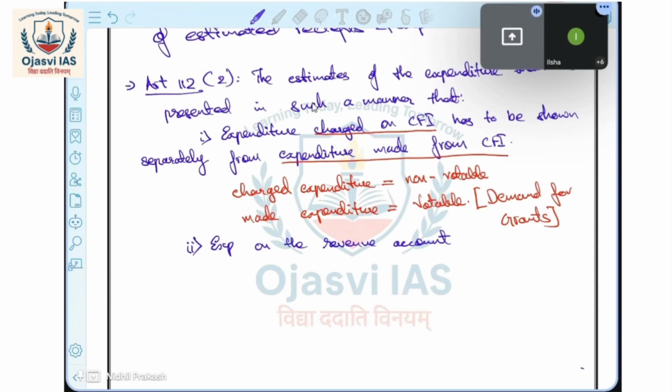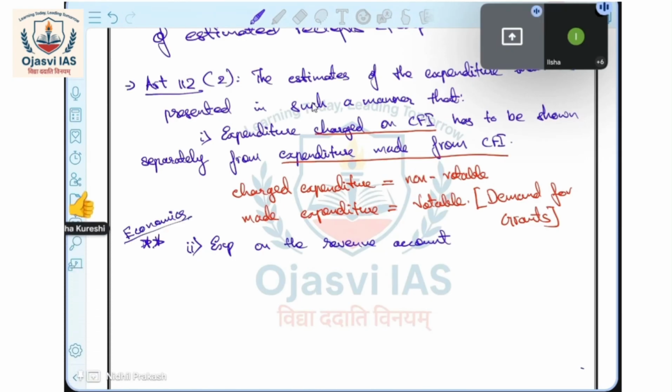If it is not taught to you, do not ask now, let him reach the budget. He will for sure cover this, because this is one of the most basic things. What is a revenue account and capital account? This will be covered in the economics class, so do not worry.